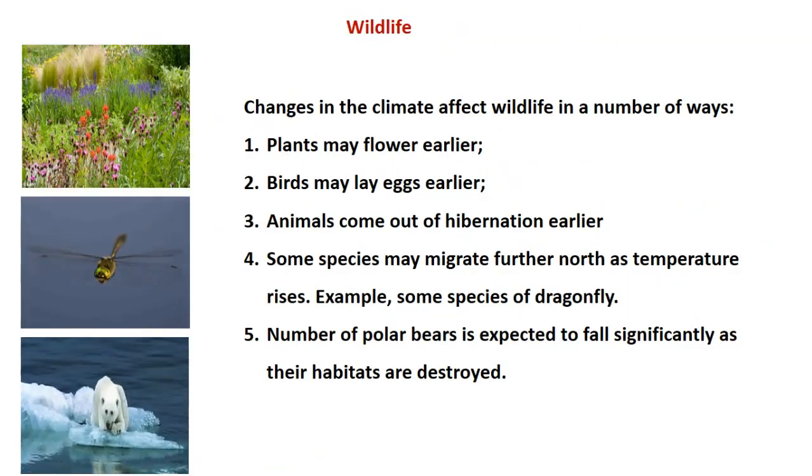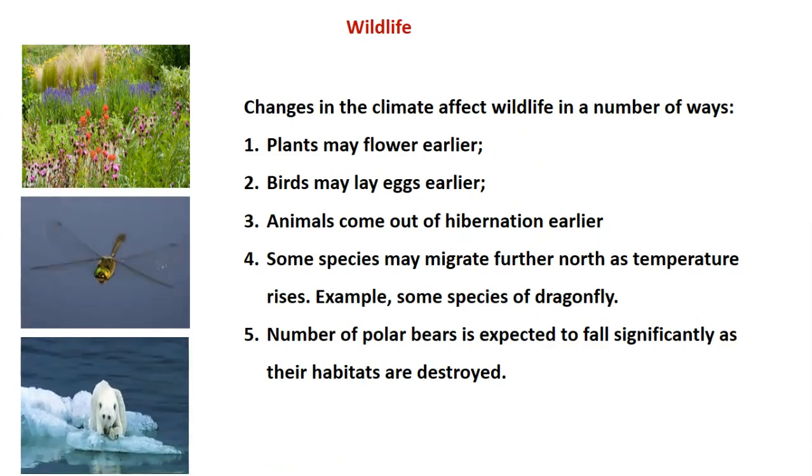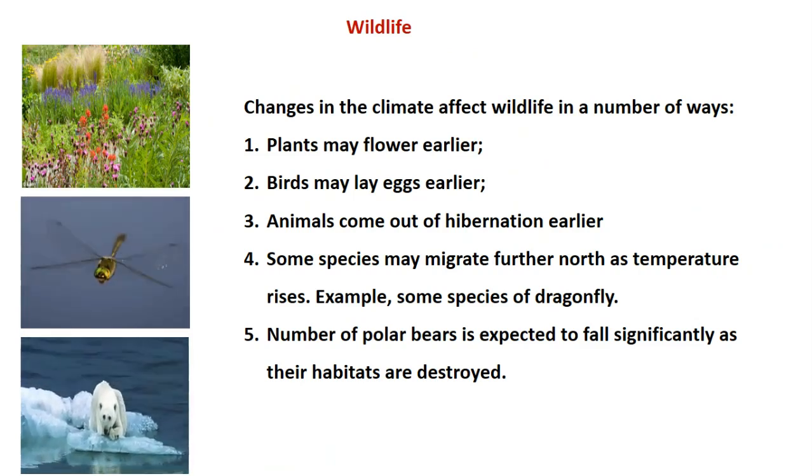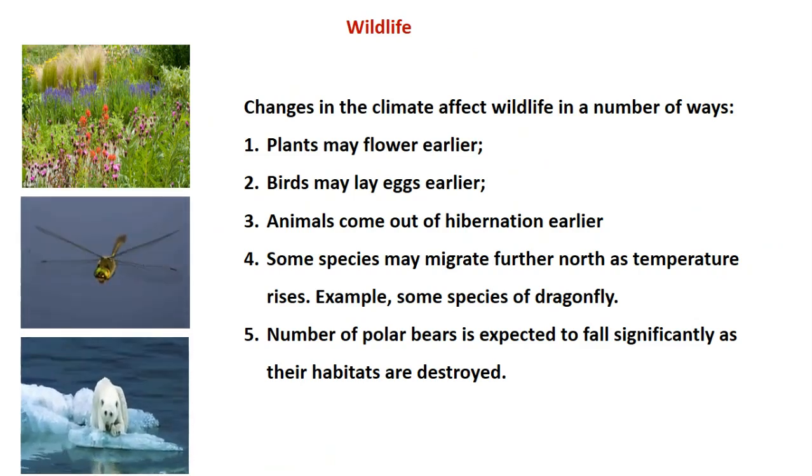Another thing that global climate change is affecting is wildlife. How does it affect wildlife? If you look at the first picture here, some plants will flower earlier than is expected. Some birds lay their eggs too early. Animals come out of hibernation too early. Some species, just like the dragonfly, may migrate further north as temperature rises.